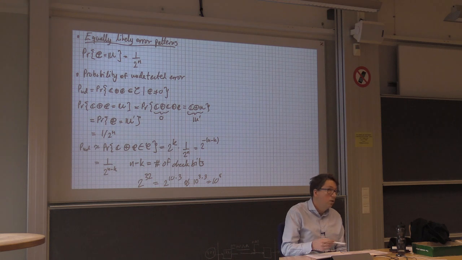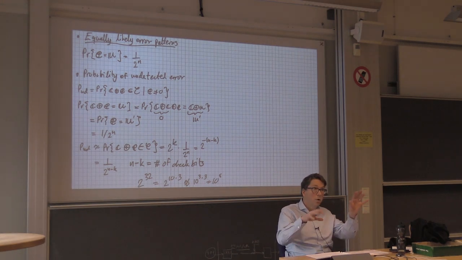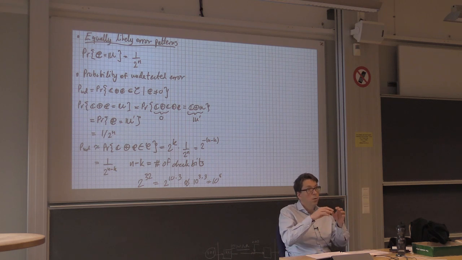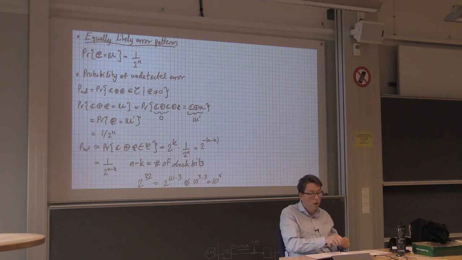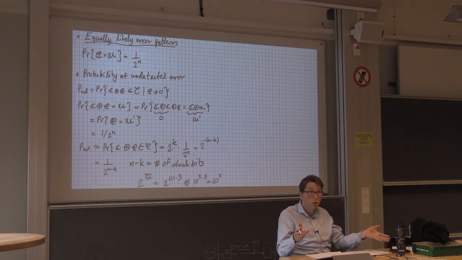Here the code is really irrelevant, how the code words are placed, the minimum distance and so forth. The only thing that matters is the ratio between the number of code words and the number of possible n-bit patterns. Or stated another way, the only thing that matters is the number of check bits in the code. Nothing else in the code is important.